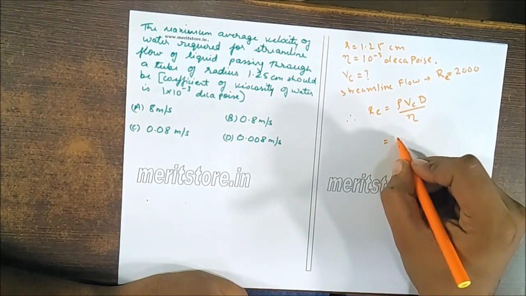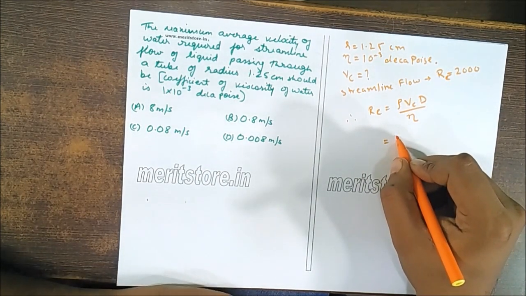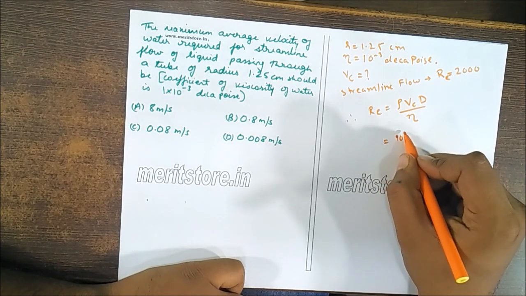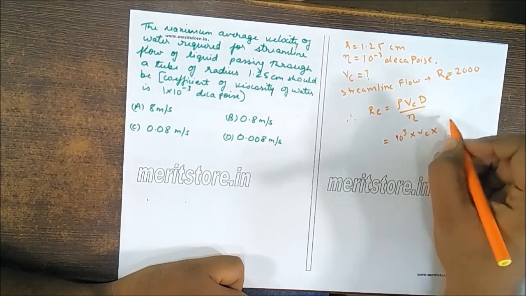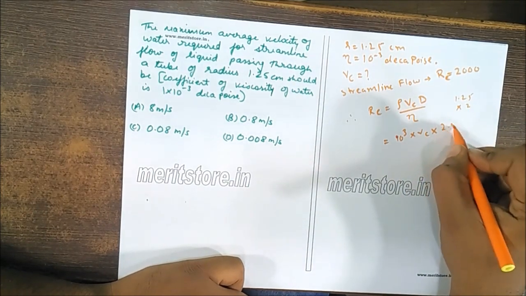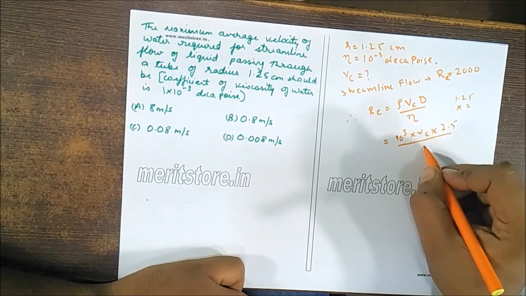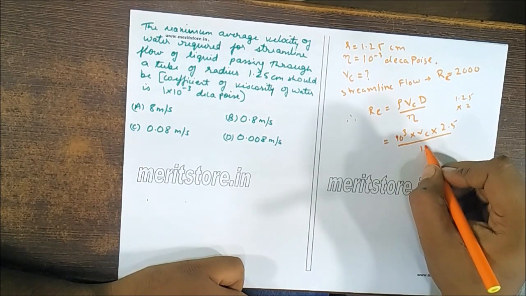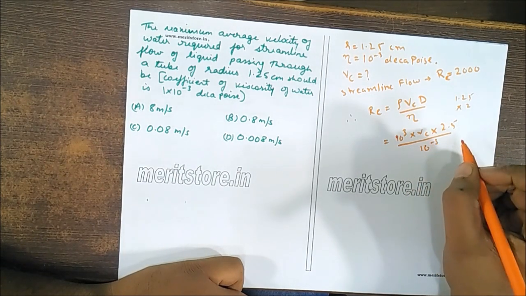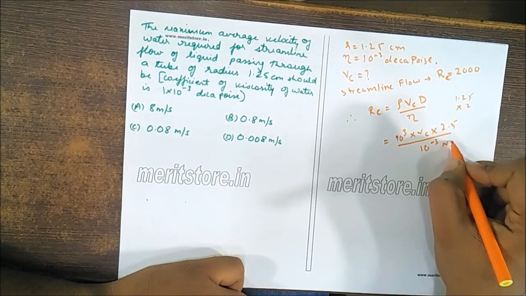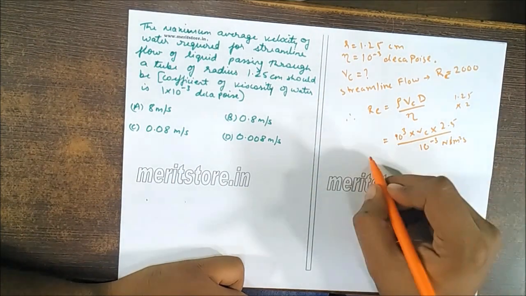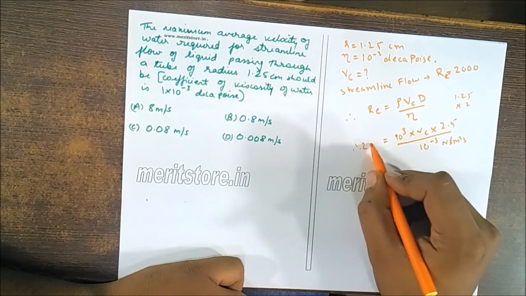Now rho, that means it's water, so that will be 1000 or 10 raised to 3 into vc into d, now this is 1.25 into 2, that is 2.5, upon eta, which is 10 raised to minus 3. Decapoise means Newton per meter square second. And Reynolds number is 2000.